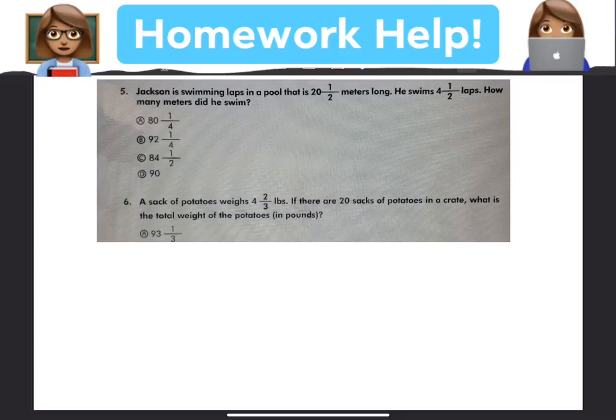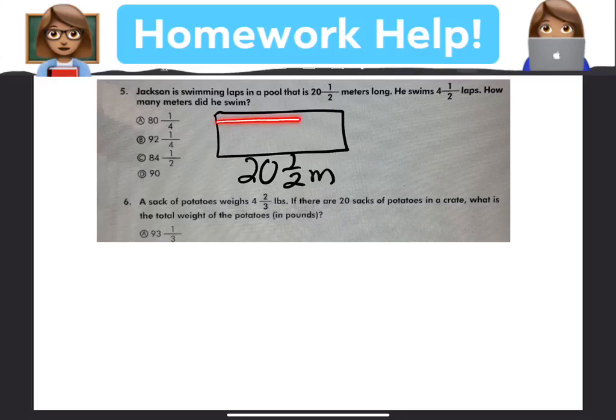In this first one, Jackson is in a swimming pool that is 20.5 meters long, and he swims 4.5 laps. How much did he swim? I'm automatically thinking of the pool, and it's 20.5 meters. What is he doing? He's swimming one lap, then Jackson comes back, then he swims another lap, he comes back, and he swims halfway through another one.